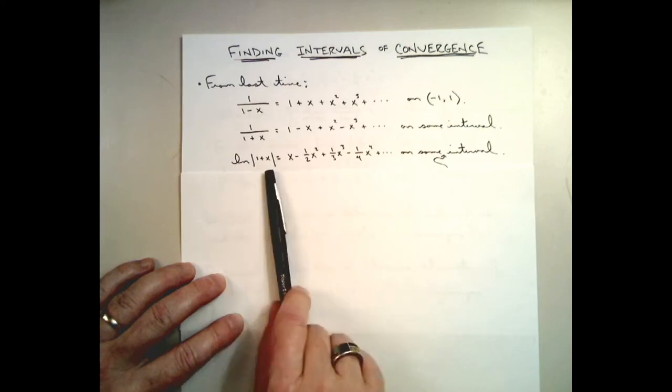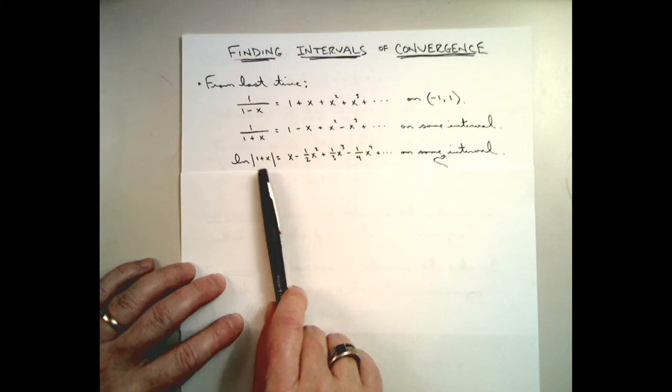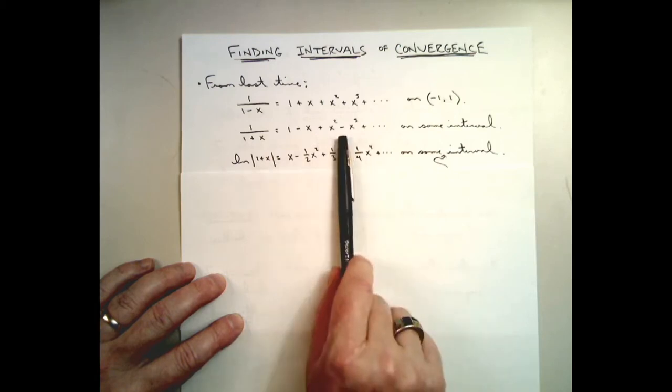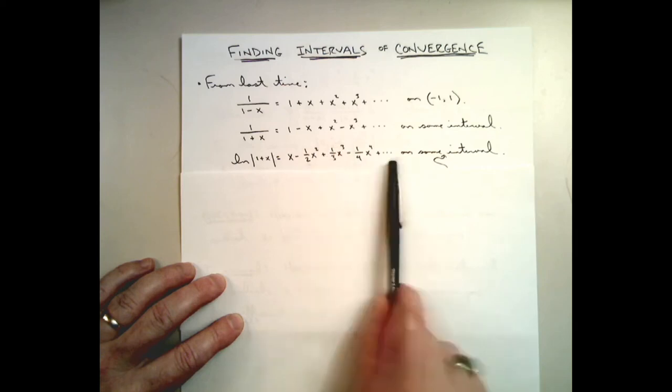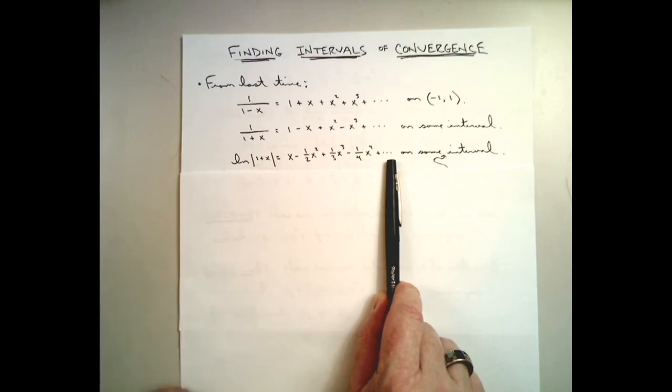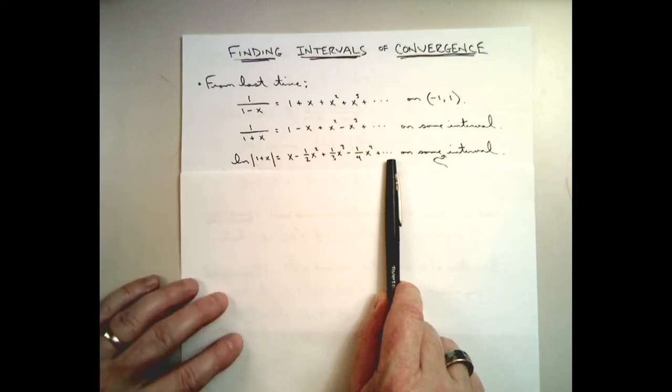So I know that this function, the natural log of the absolute value of 1 plus x, is going to be one of the antiderivatives of this function. So it's going to be this plus a constant, but we happen to see that that constant turned out to be 0. You can look at the previous video if you want to review why that's the case.